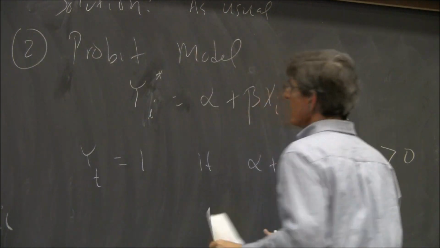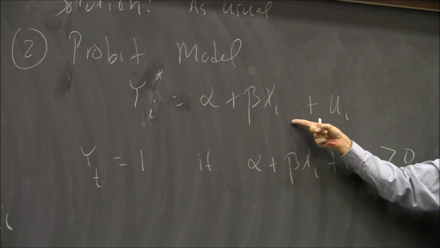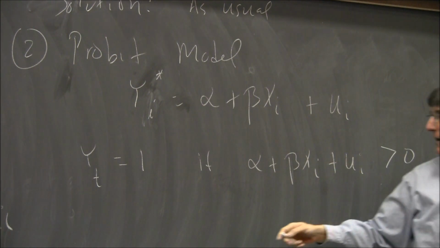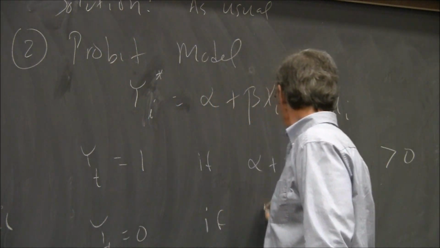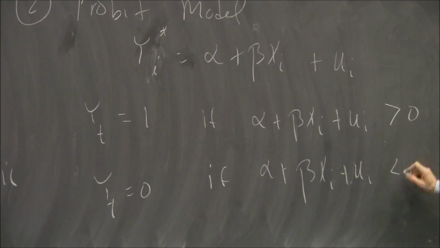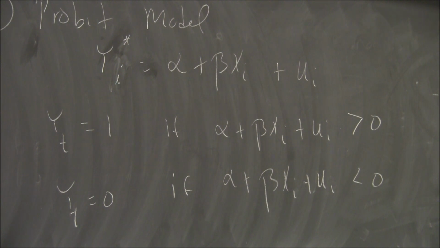So if the wage offer is bigger than the reservation wage, they take the job. We get y_i equals 0 if alpha plus beta x_i plus u_i is less than 0, their wage offer is less than the reservation wage. So the structure's a little bit different.